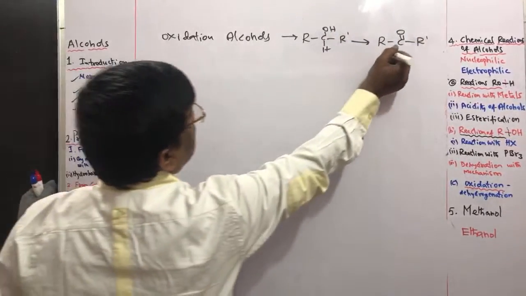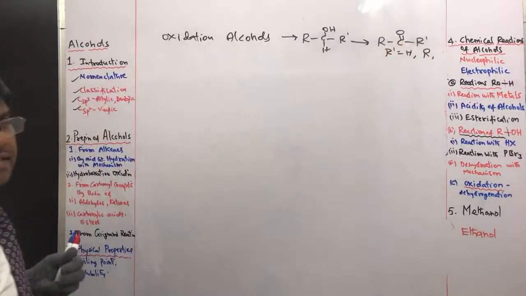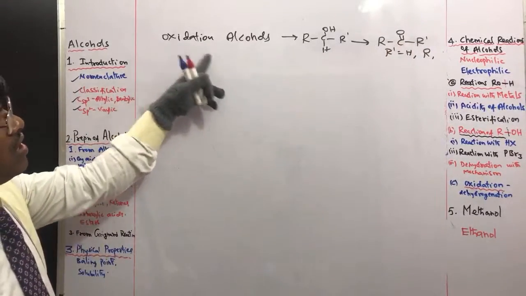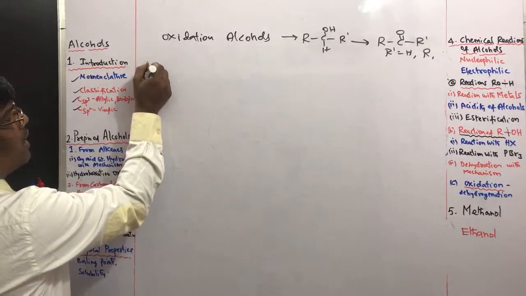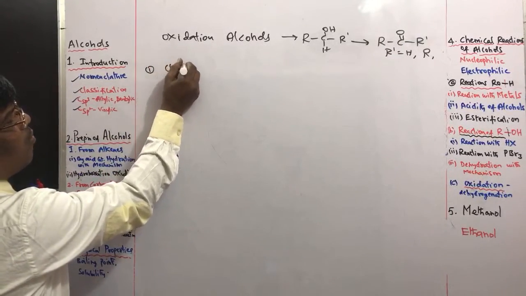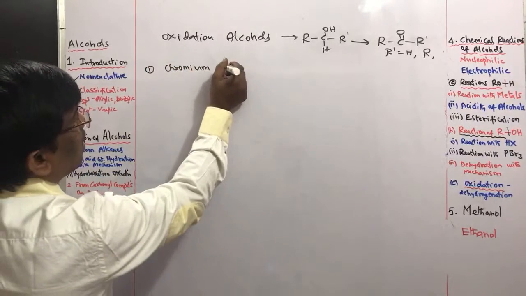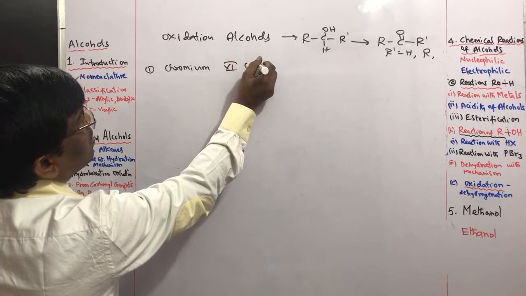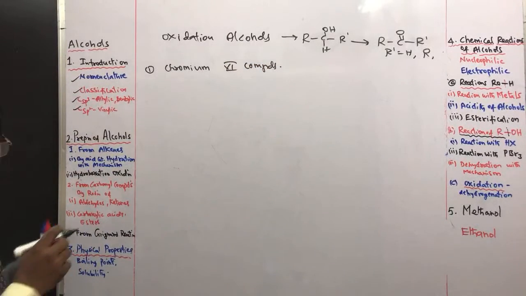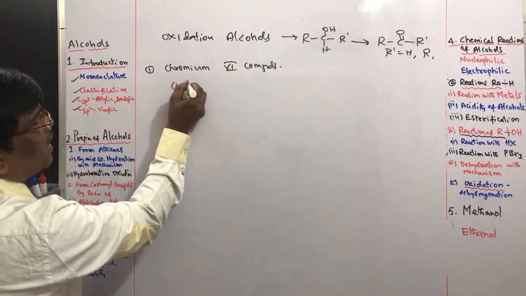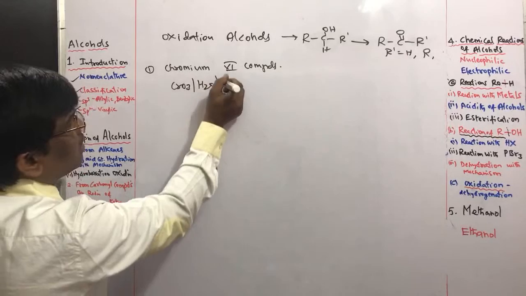R can be hydrogen or alkyl group. The common reagents are chromium 6 compounds. I can use chromium trioxide in water and sulfuric acid.